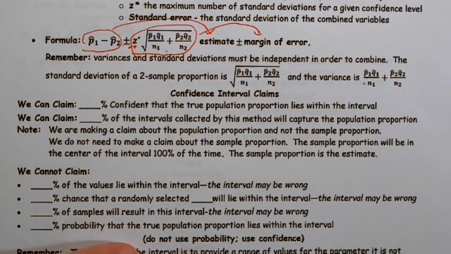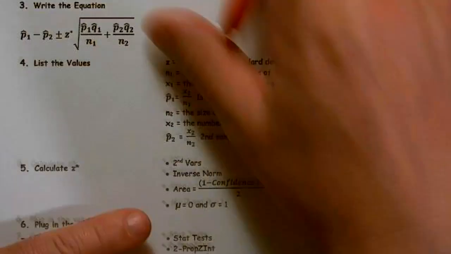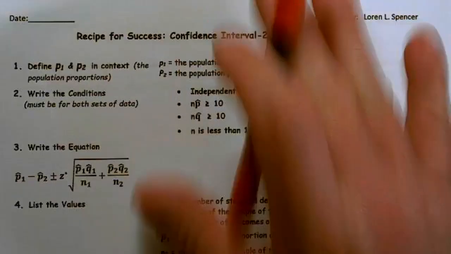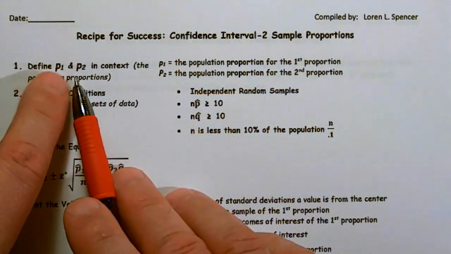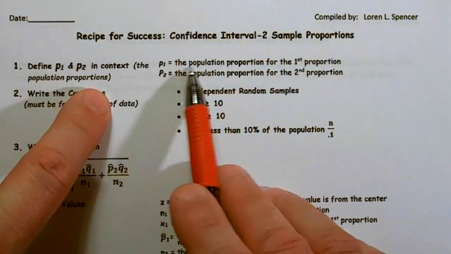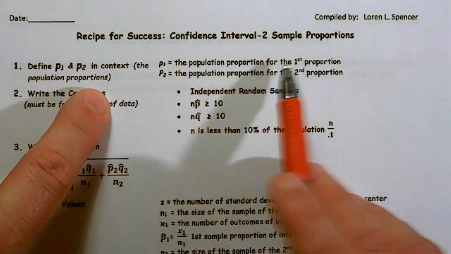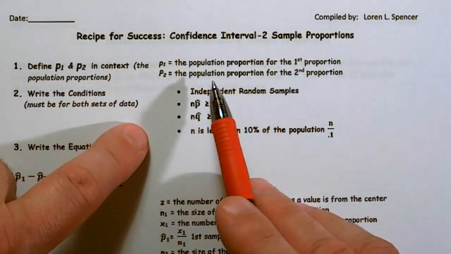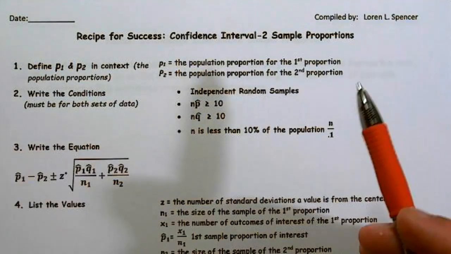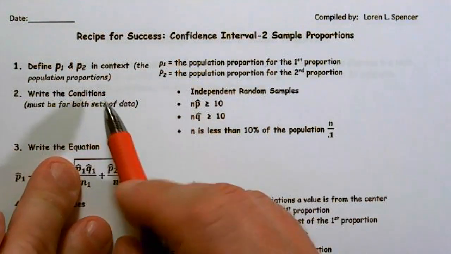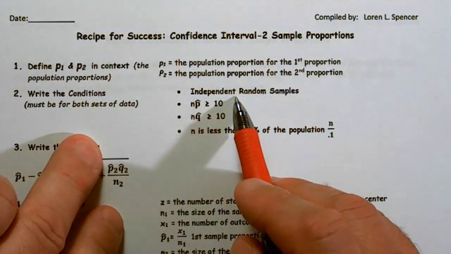Then we're going to take a look at the recipe for success. As we've done before, we start off by defining P1 and P2. Let P1 equal the true population proportion for whatever the first one is, and let P2 equal the true population proportion for whatever the second one is. Conditions: you need two independent random samples.